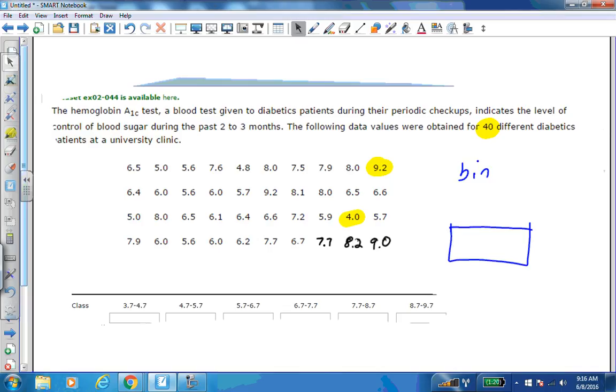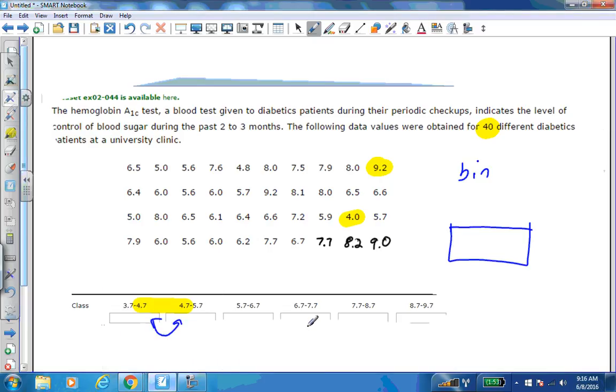So as we go through this, I'm just going to tally up how many we have in each category. And notice it almost looks like these two overlap. It's very important that our bins or our classes don't overlap because we don't want the same data point to fall into two different categories.